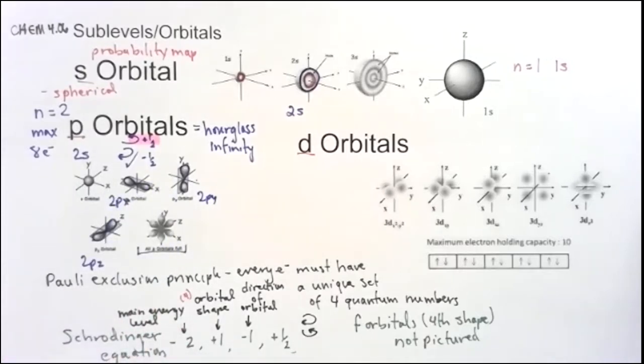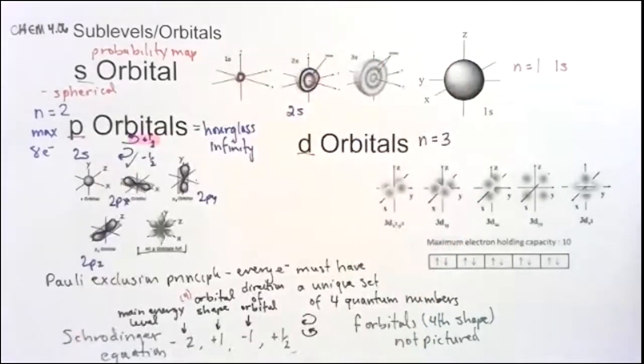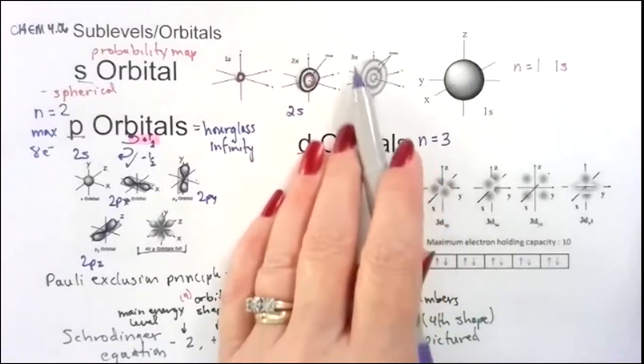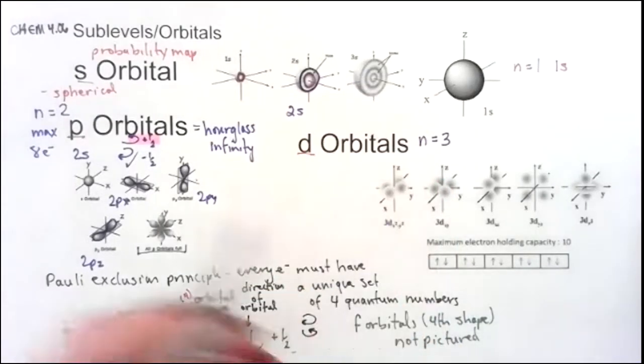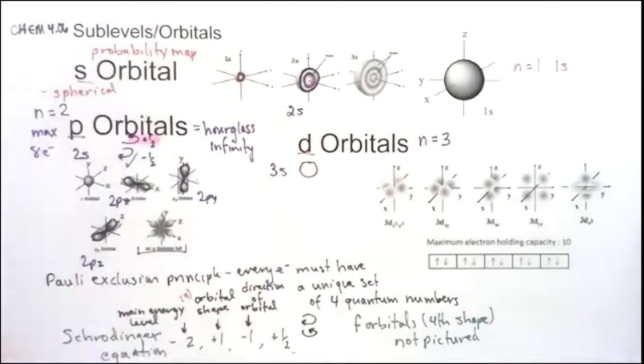Well, what's going to happen when I go to d? When I get to n equals 3. Can you guess? Well, you had a tip off up here. They're showing the s orbitals, and now look, I've got a 3s. So I start off and I have a 3s orbital, which is a sphere.